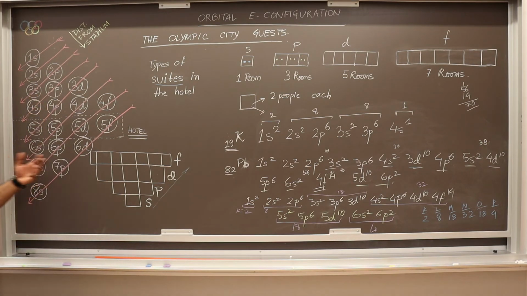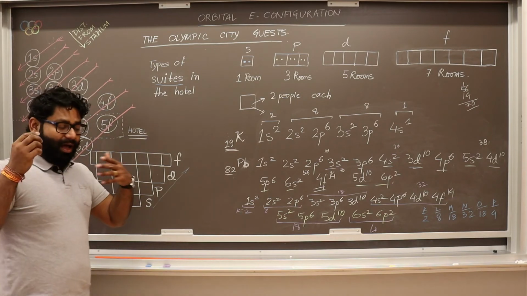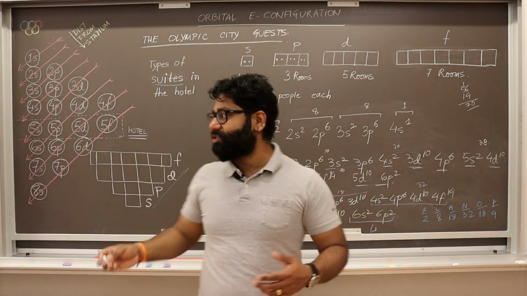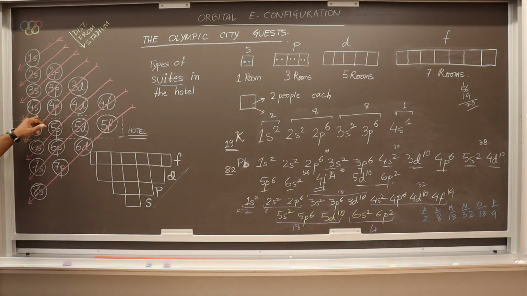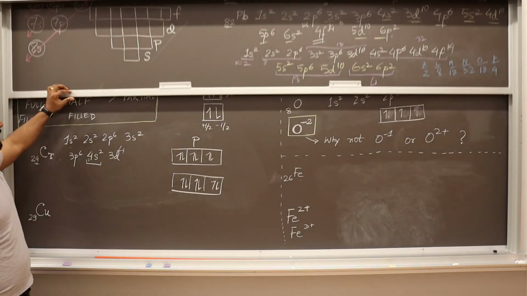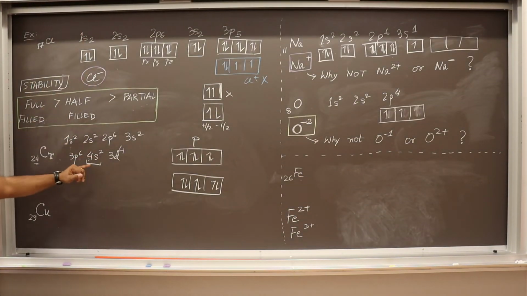Now why is 4s more favored than 3d? Again, we'll come to the concept of quantum numbers, in which we will be able to find out why 4s is being favored over 3d. We'll be dealing with that after this, but in here please understand that 4s is the outermost orbital, but the last filled orbital is 3d.